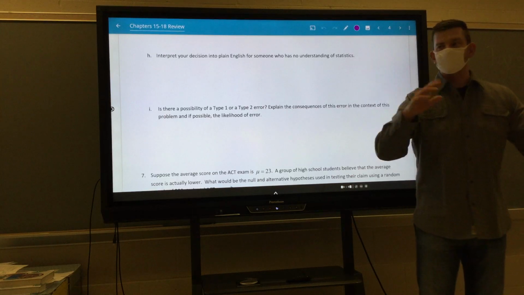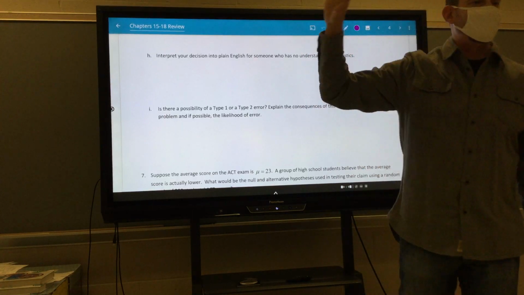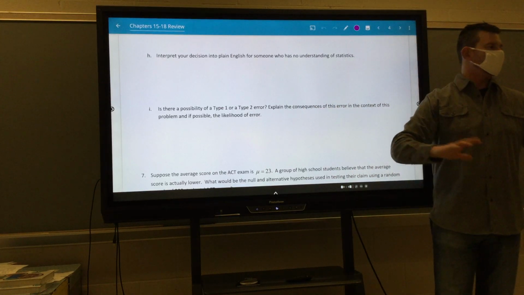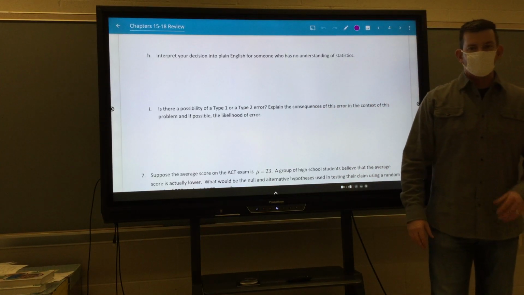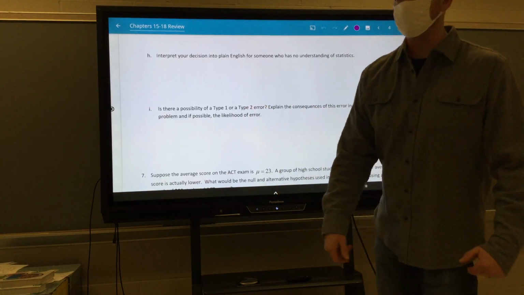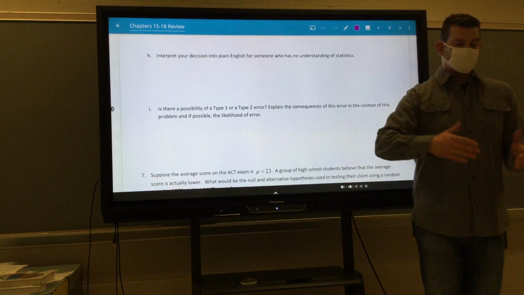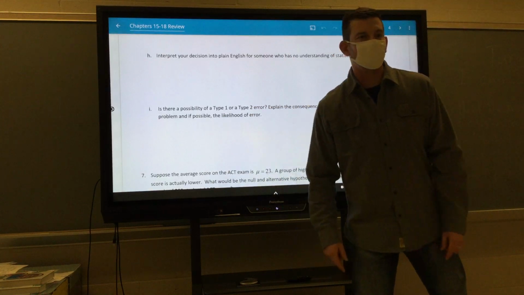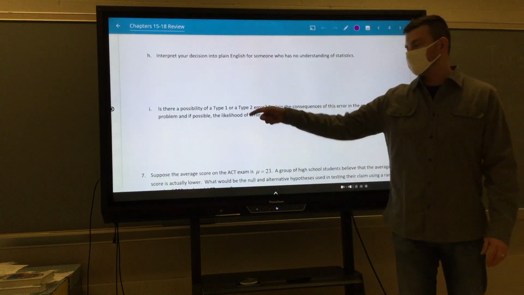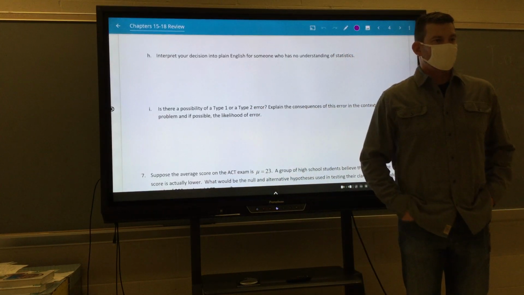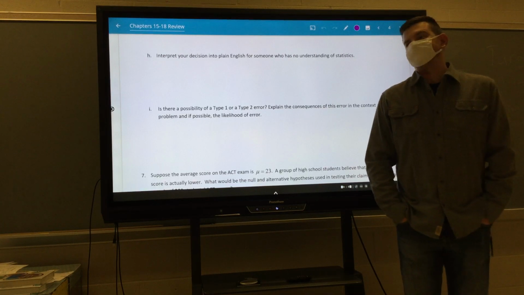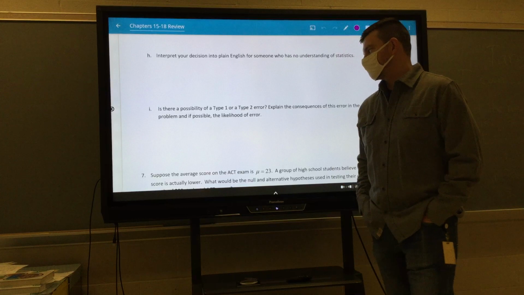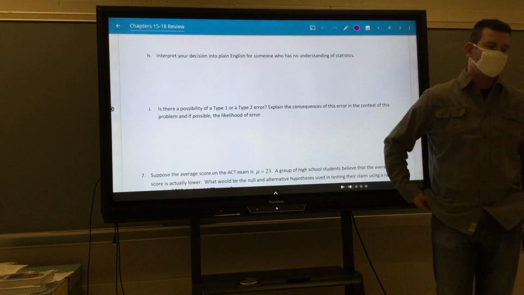So if for some reason we had set a really high alpha of 0.3, we're okay with 30% error, then our p-value of 0.29 is less than that. We'd reject the null, accept the alternative, and we're okay with our 29% chance of making a type 1 error. But that's probably not the case here. We cannot quantify a type 2 error.